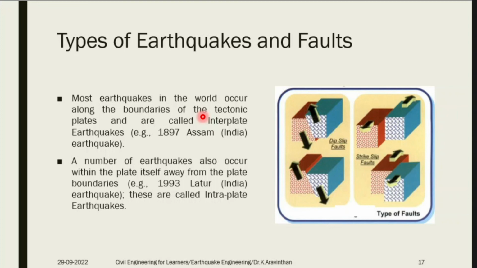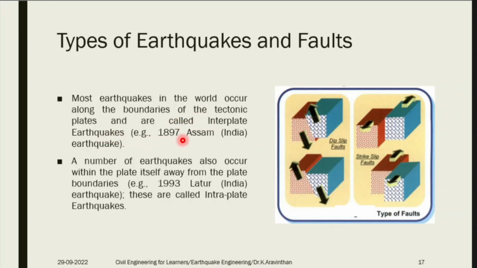In the rest of the plates, as you can understand from the world map, the boundaries between plates will have much higher earthquakes. Then it is called an interplate earthquake. Everything is not a solid part. You have small plates between the larger plates, and between those plates you will have intraplate earthquakes.